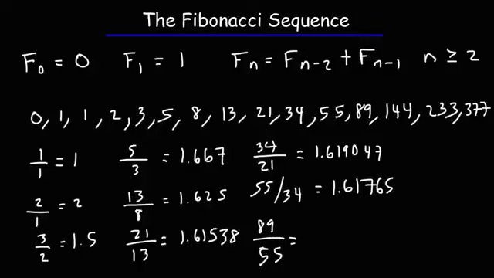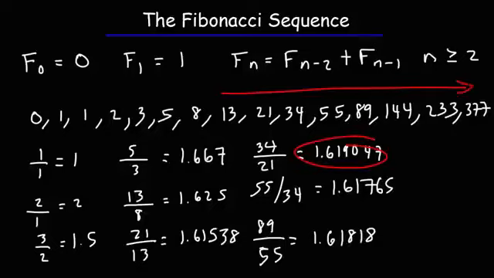So this is going to be 1.618 repeated. So looking at these numbers, as this sequence progresses, what is the ratio of the successive term by the previous term? Notice that it's approaching 1.618.